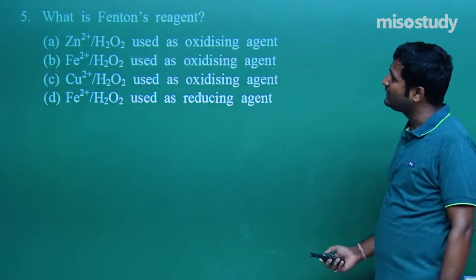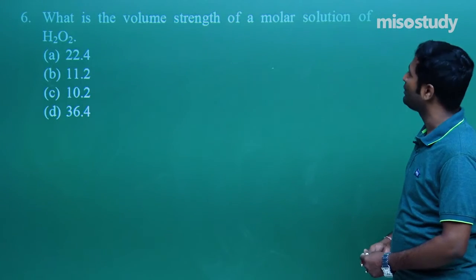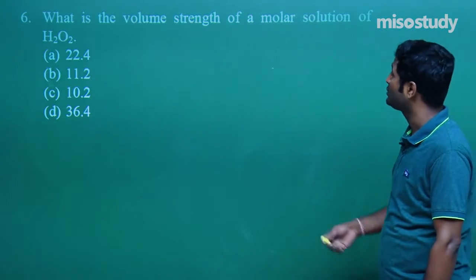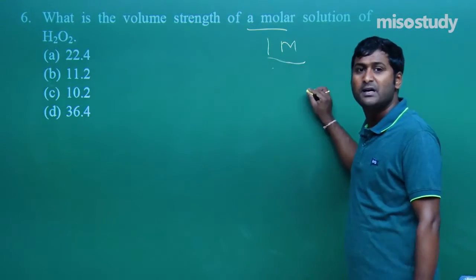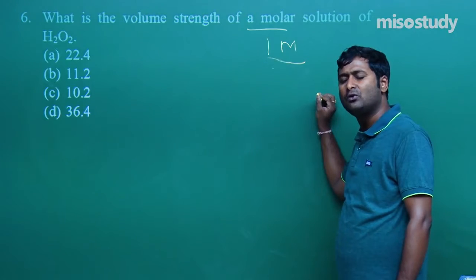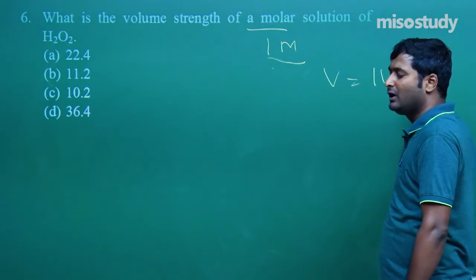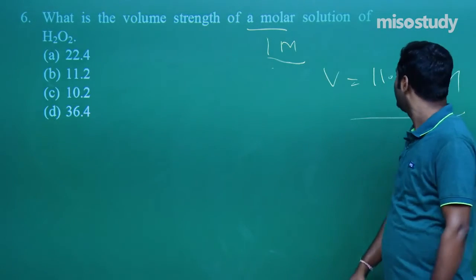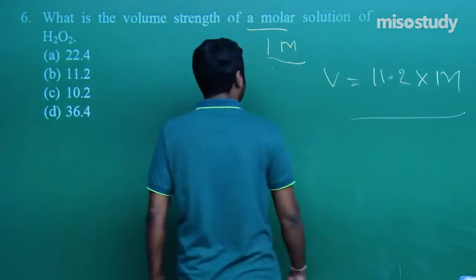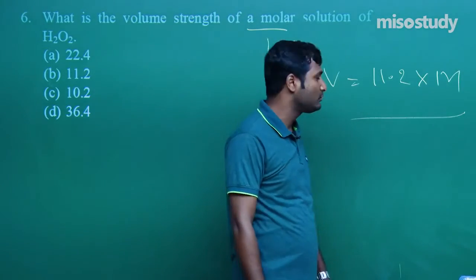Now let's move to the next one. The next question is, what is the volume strength of a molar solution of H2O2? Molar solution, that is 1 molar. As we know, volume strength is equal to 11.2 into molarity.